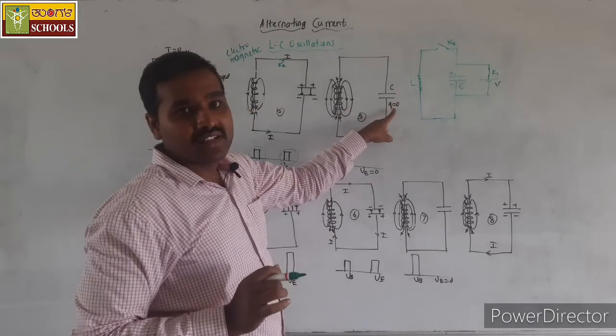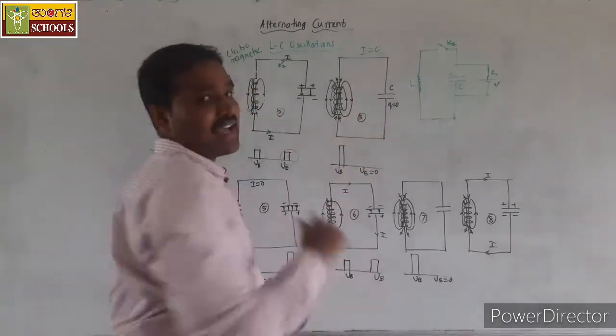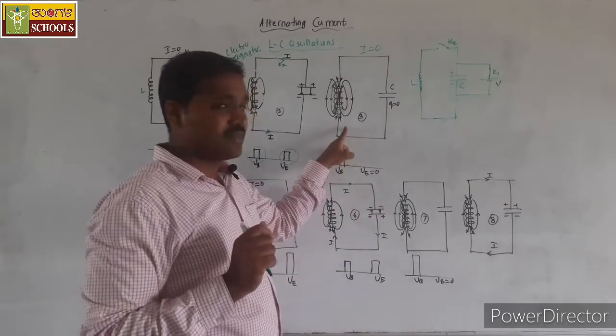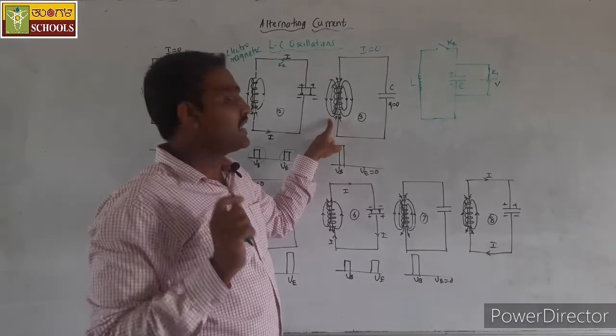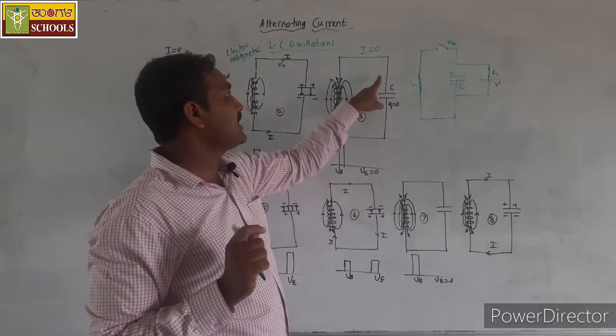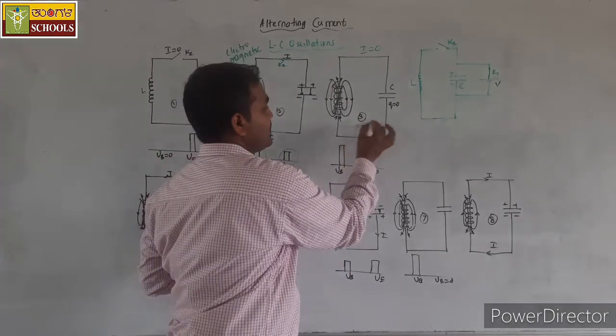When the capacitor is completely discharged, we don't have any current at that point of time. All the energy is converted into electromagnetic energy, and the current stops in the circuit. So that is stage 3.